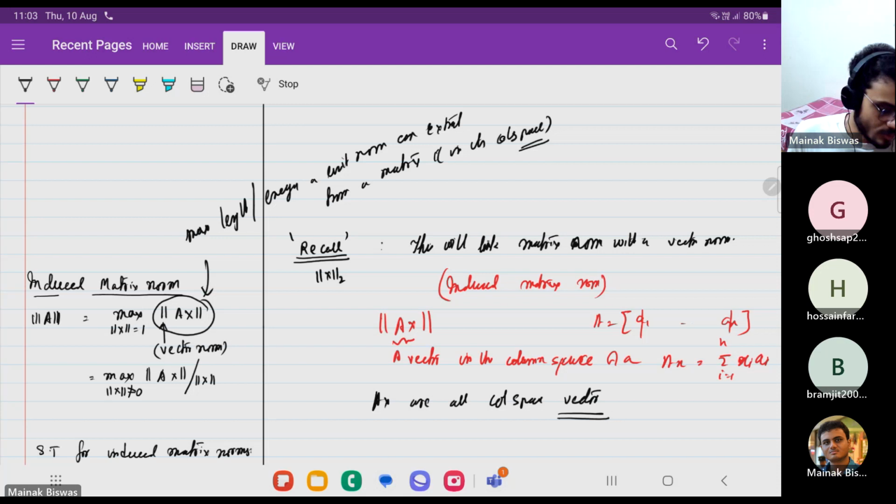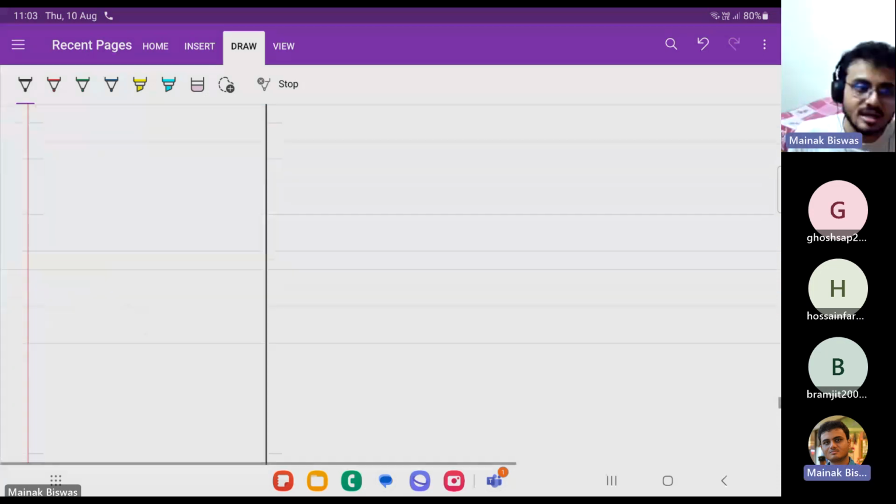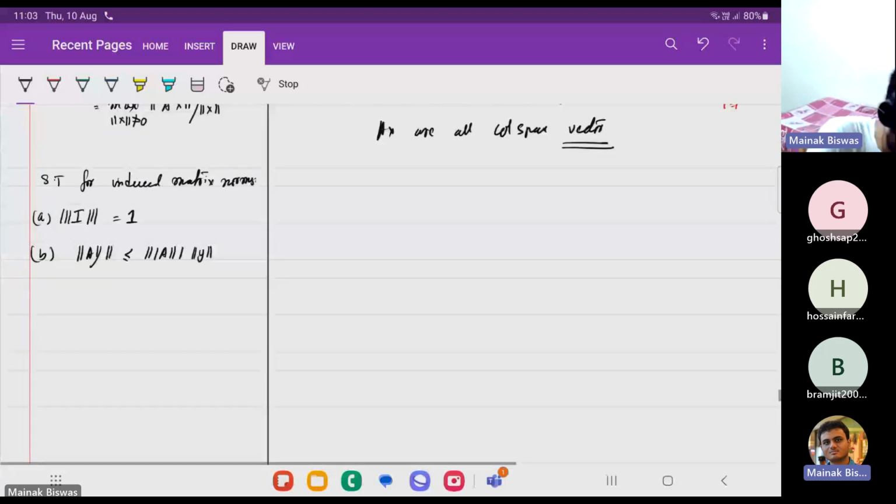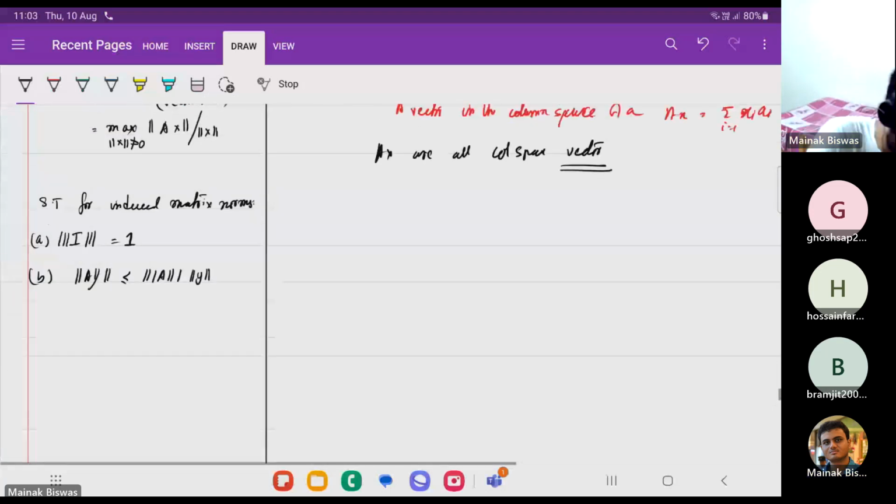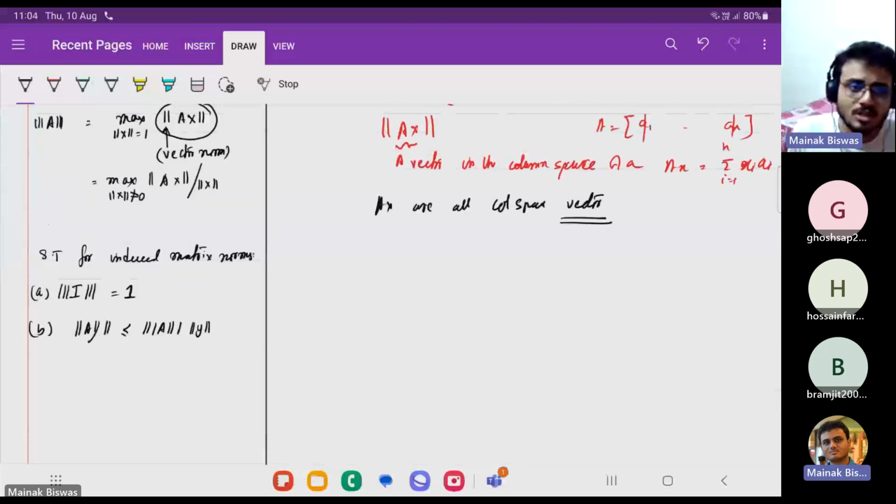So there are a few special cases, and that will give you an entire understanding of the flavor of induced norms. And if you are interested, they will connect eigenvalues with matrix norms.